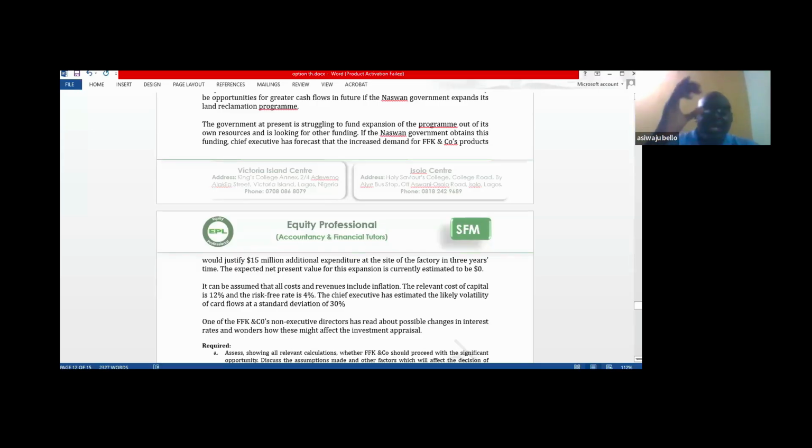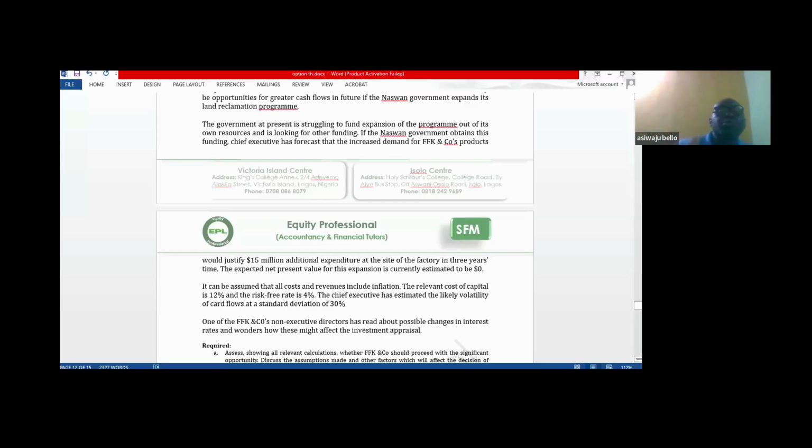That means if you invest an additional 15 million in year 3, the NPV of the expansion is 0.